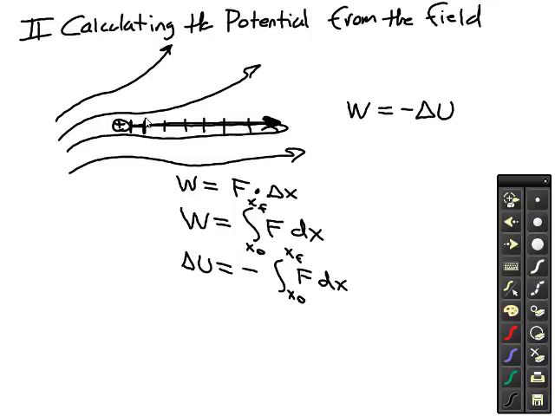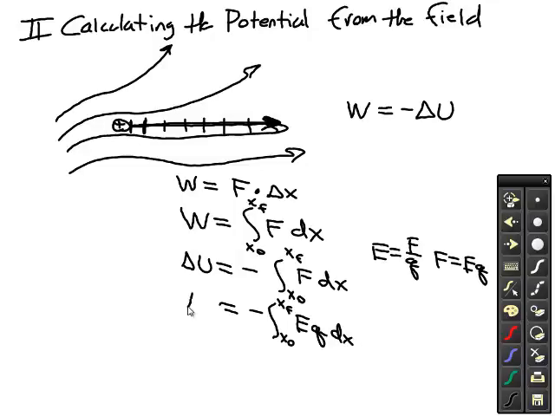Now, of course, as was pointed out earlier, E equals F over q. Therefore, F equals E times q. So let's do that. There's our calculus equation for the change in potential energy.